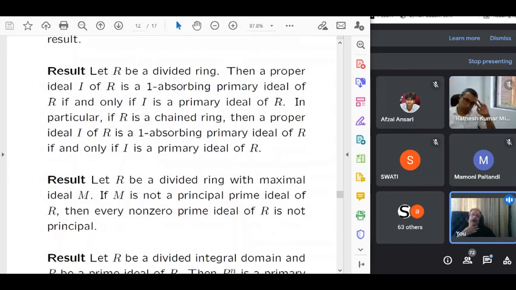If R is a divided ring with maximal ideal M, and M is not a principal prime ideal of R, then every non-zero prime ideal is not principal. So if my ring is divided and my maximal ideal is not a principal prime ideal, then every non-zero prime is not principal.